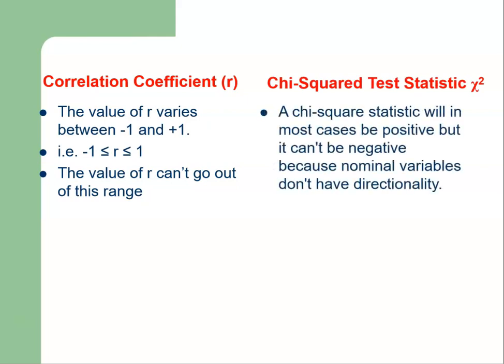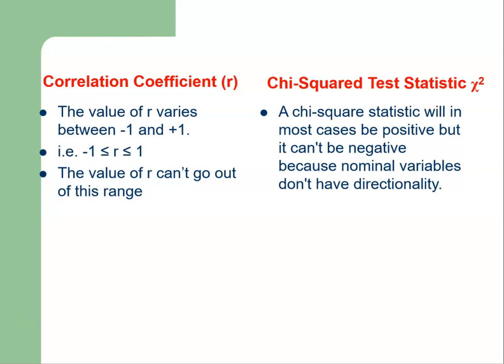On the other hand, the chi-square test statistic value will in most cases be positive. It will be positive because we divide the squared difference of the observed frequency minus expected frequency by expected frequency.